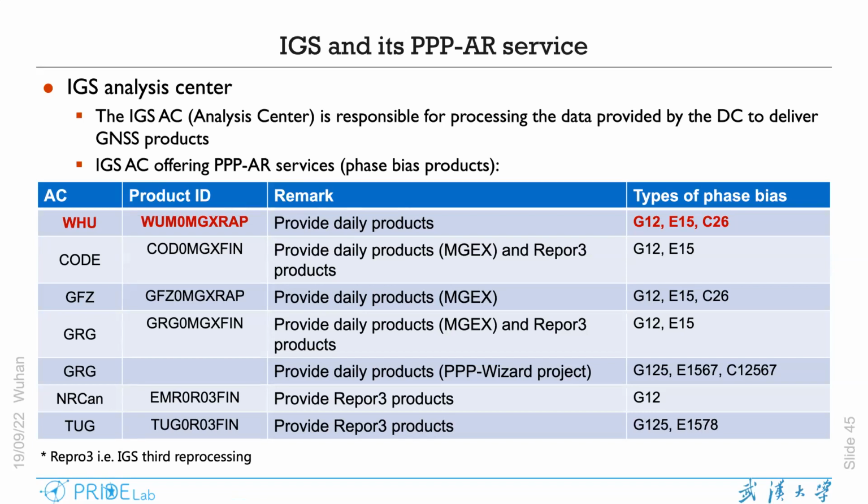So this is very hard work, but fortunately, we have the phase-bias products from the IGS here. Now we have many more stations and many more ACs providing this kind of product over nearly all frequencies, for example, the L1 and L2 from GPS, and the E1 and E5a from the Galileo constellation. Using this phase-bias product, we can separate the integer property from the errors that we don't like.